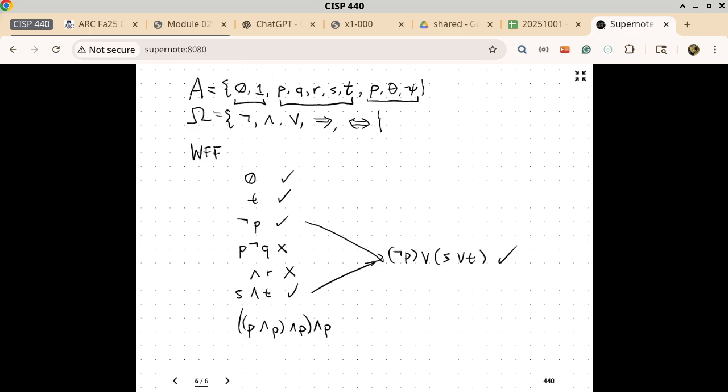The space of well-formed formulae is really just a set that contains every well-formed formula that we can conjure up using this alpha and omega. Are we good so far with that concept? It's just an infinitely large set that contains every syntactically correct expression. Many of those really do not have any meaning because they're really the same thing as many of the other ones. But we can say that there's an infinite number of these expressions. Is that okay? All right.